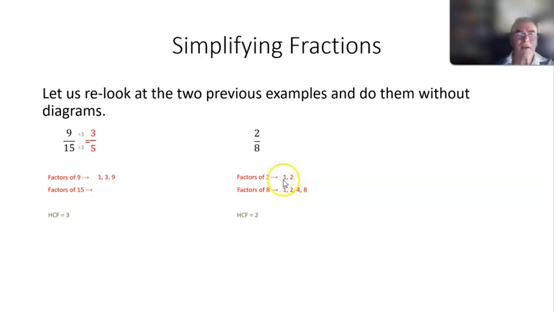It does make it easier if you place your factors in ascending order, because it makes it easier to find your largest factor. Now let's divide the numerator and denominator by that highest common factor. 2 divided by 2 is 1, and 8 divided by 2 is 4. So 2/8 simplifies down to 1/4.